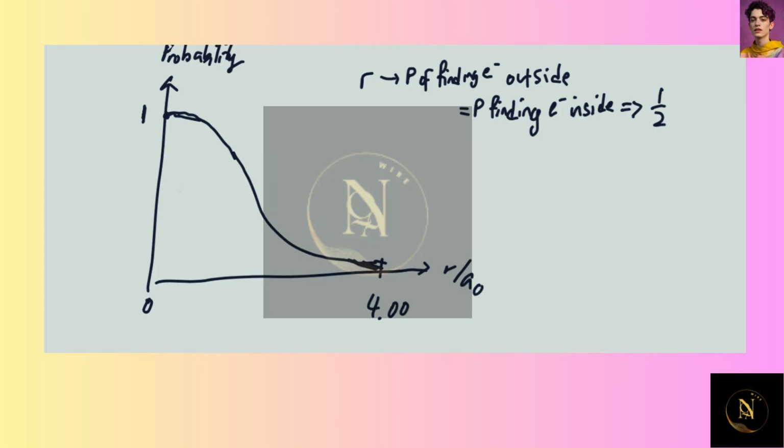So in this case, we can just look on our graph where the point is 0.5, and your graph should show a value of about 1.3, around there.